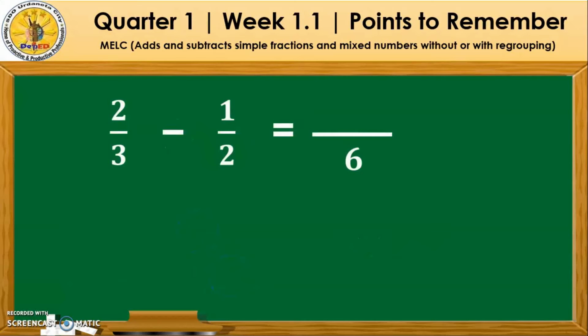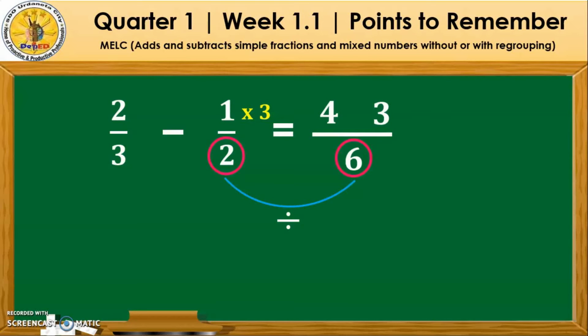For the second step, let's now get the equivalent fraction of 2/3 that has 6 as the denominator. 6 divided by 3 is 2. Multiply it to the numerator. 2 times 2 is 4. Now let's get the equivalent fraction of 1/2. 6 divided by 2 is 3, times the numerator 1 is 3.